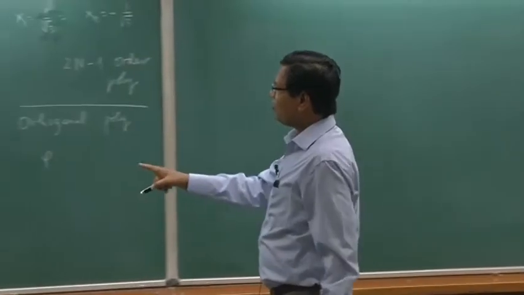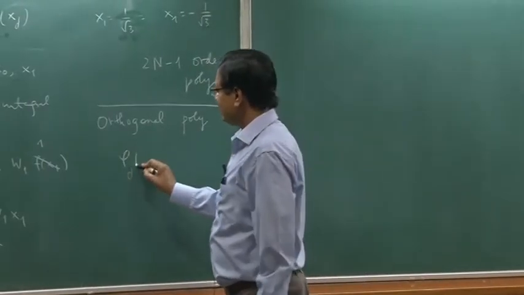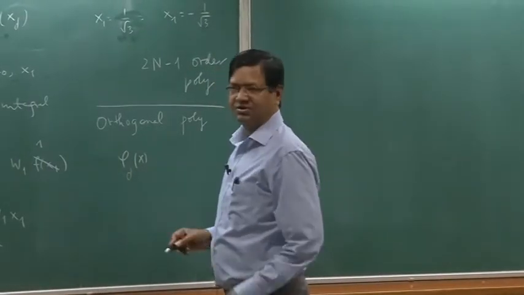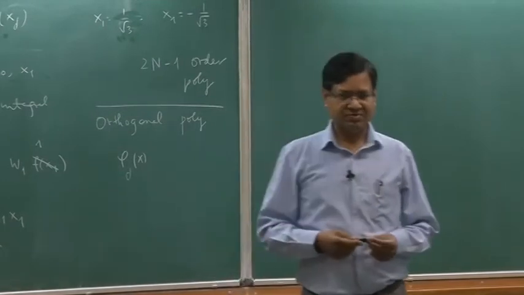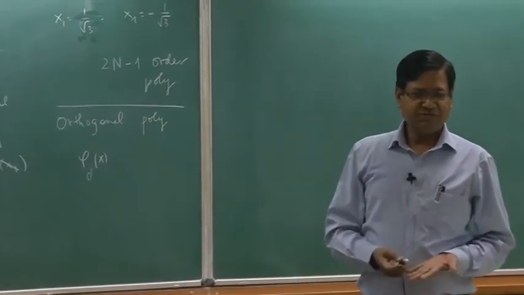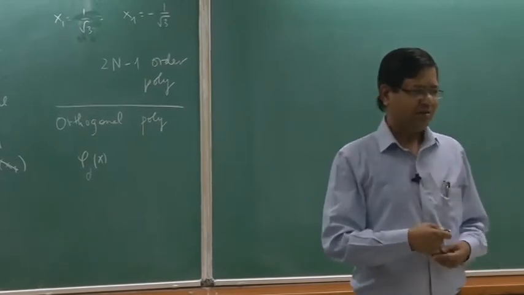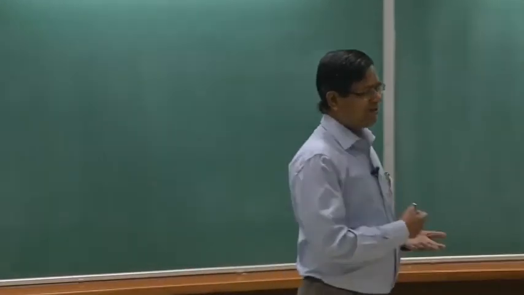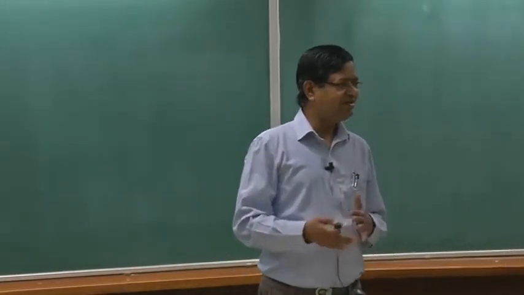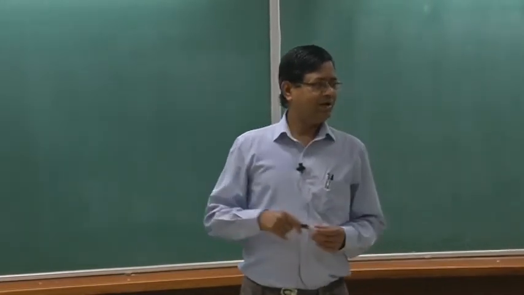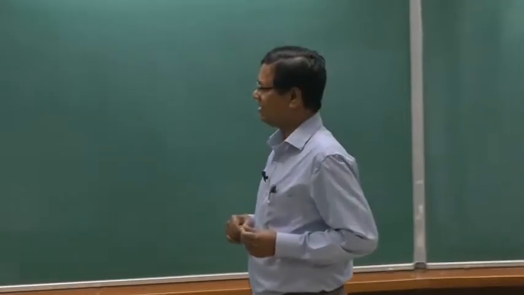I am going to call this phi j, the jth polynomial. One example is the Legendre polynomial, or the Hermite polynomial. All these polynomials have their advantages one way or the other, but I will focus right now on Legendre.